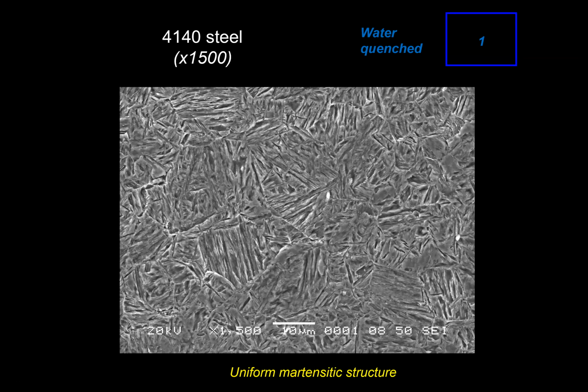And if we take a closer look, now we are at 1500 times, we see a formation of grains, but we see especially formation of needles of martensite. So on this picture in particular, you can see the martensite in those tiny sharp needles inside the grain.